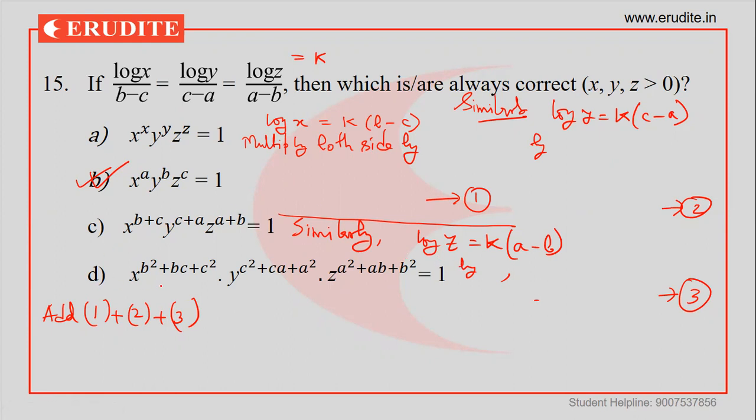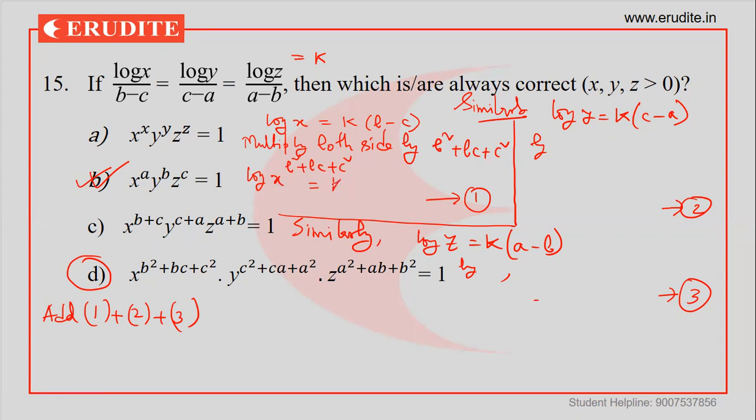Same thing, let's check option D. Wherever I am multiplying by b square plus bc plus c square, what will happen? For the first, it would be log of x to the power b square plus bc plus c square, and this one will be k into this multiplied by b minus c.